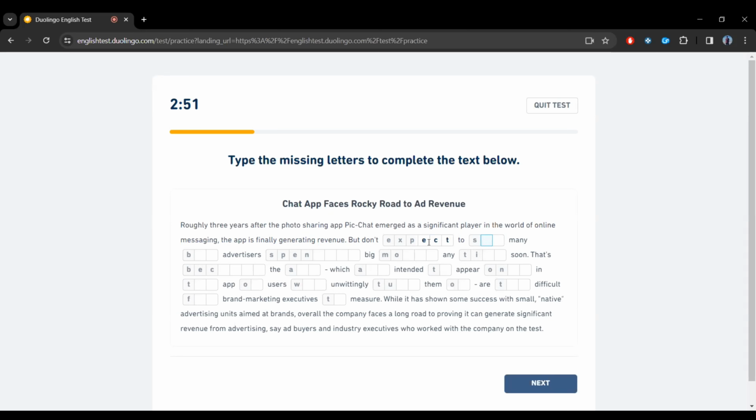Roughly 3 years after the photo sharing app, which had emerged as a significant player in the world of online messaging, this app is finally generating revenue, but don't expect to see many big advertisers spending big money anytime soon.